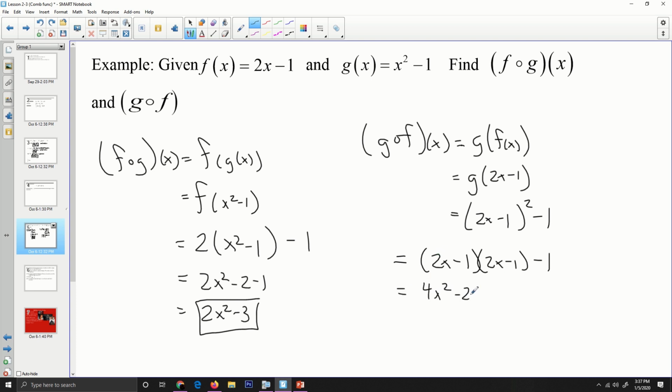I get minus 2x. I get another minus 2x. And then I get a plus 1. And then I have to bring down this minus 1. And so I end up with 4x squared, and then it's minus 4x, and then plus 1 minus 1 is 0. So that is my expression right there.